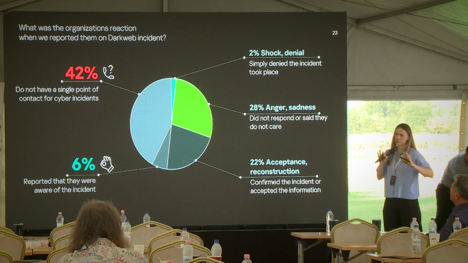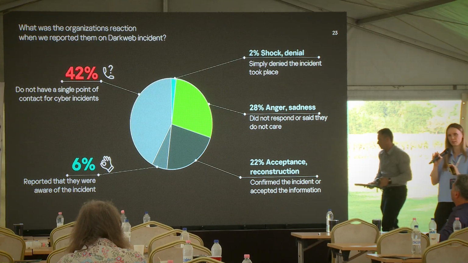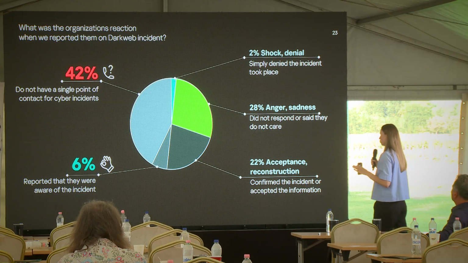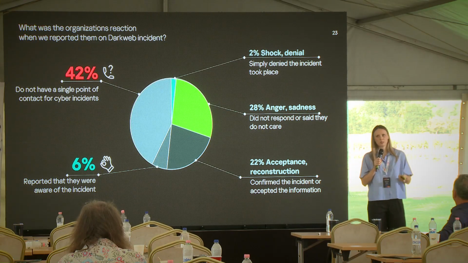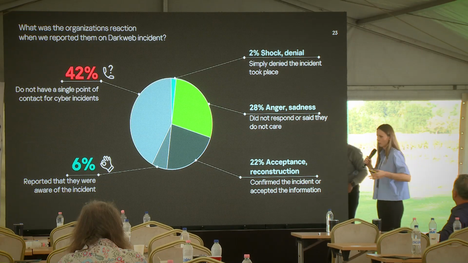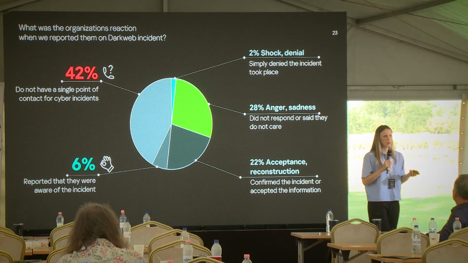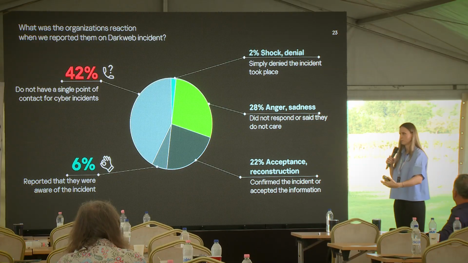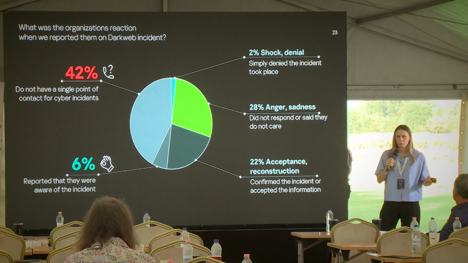This is the scheme demonstrating how the companies reacted when we tried to communicate with them on that matter. As you may see, for 42% of companies from the list, we found some contacts on LinkedIn, on public websites, their press department. But when we asked a simple question, hello guys, we are from Kaspersky, we want to deliver something to your internal security team, they said, I don't know who it is.